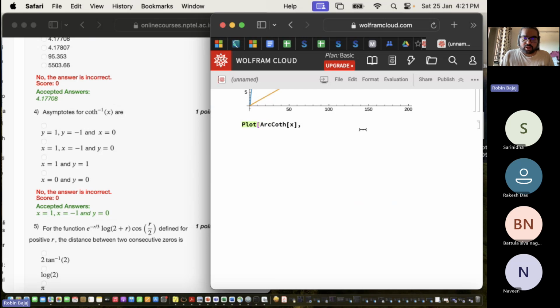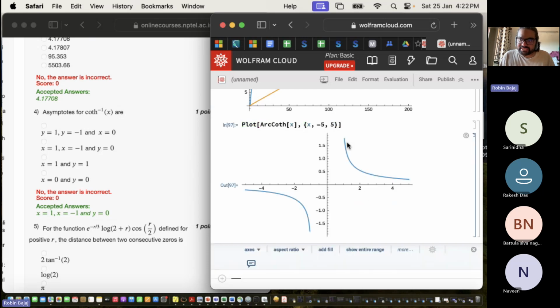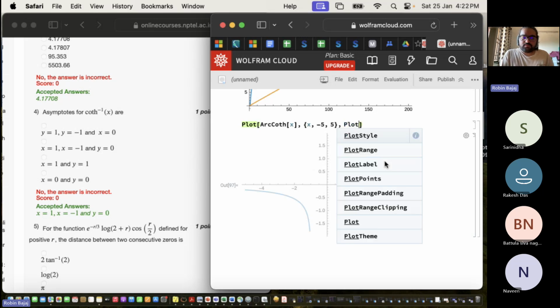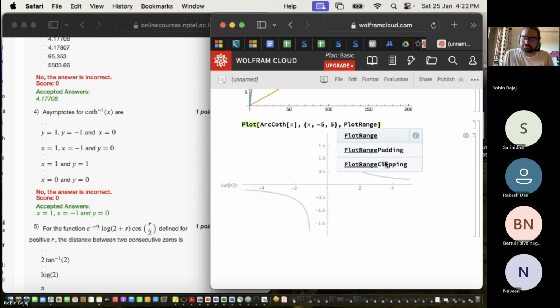Let me plot it from x, let's say, minus 5 to 5 as of now. Okay, I see this kind of thing, which is an asymptote over there. Let's confirm it. Let's make the plot range from minus 10 comma 10.